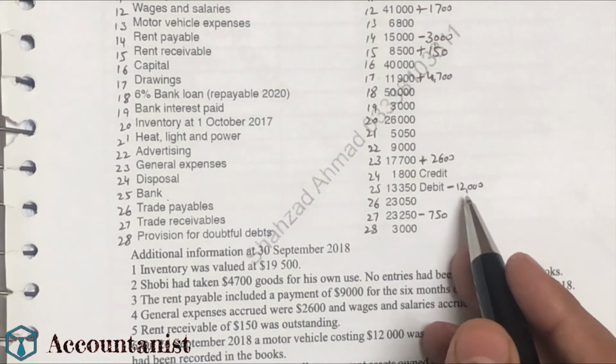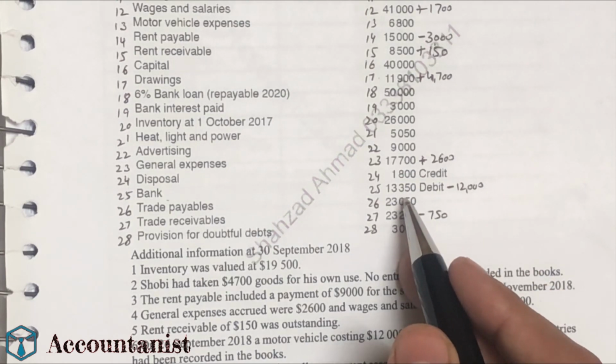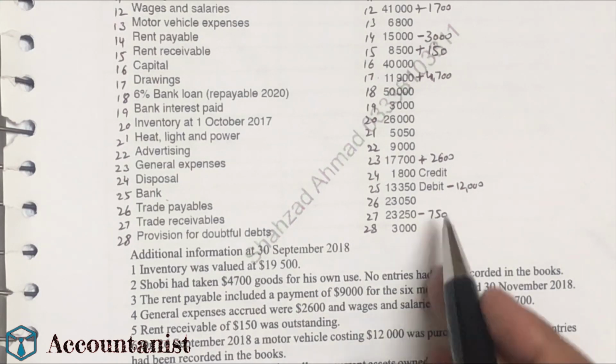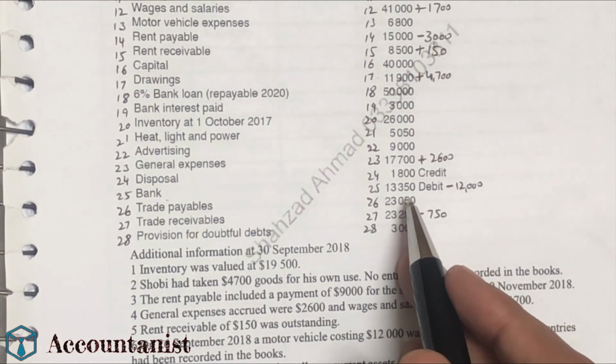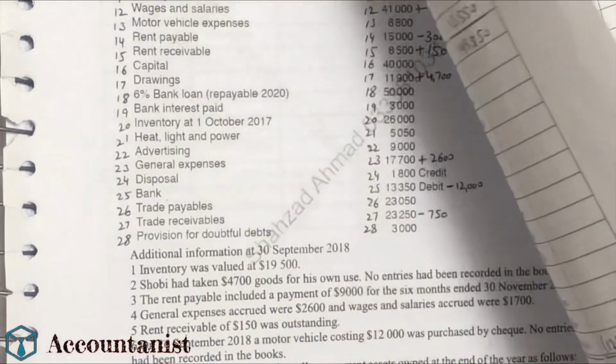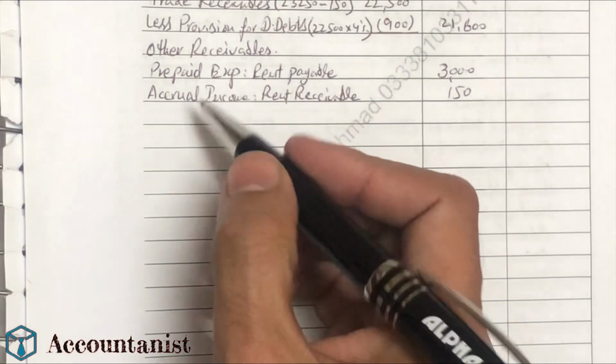There was an adjustment of 12,000, so we'll deduct this 12,000 from this balance. This 12,000 was for a motor vehicle that we purchased by cheque, and we did not make any adjustment in the record. So we'll deduct this, and after deducting this we will end up with $1,350.